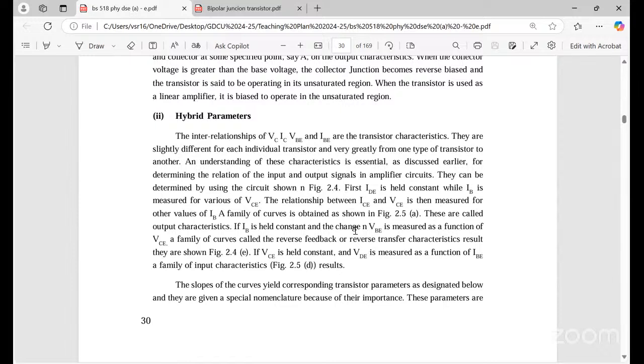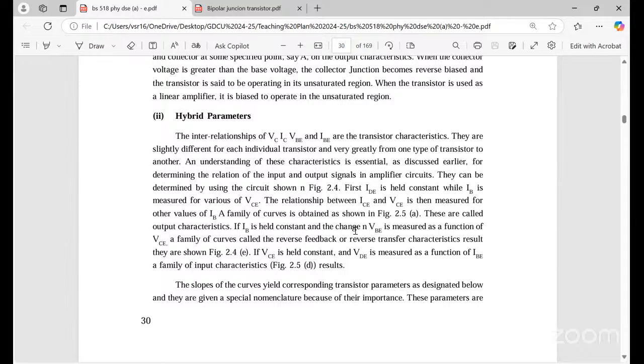So here, to determine the relation of the input and output signals in an amplifier circuit, the collector emitter voltage is kept constant while the base current is measured for various VCE voltages.